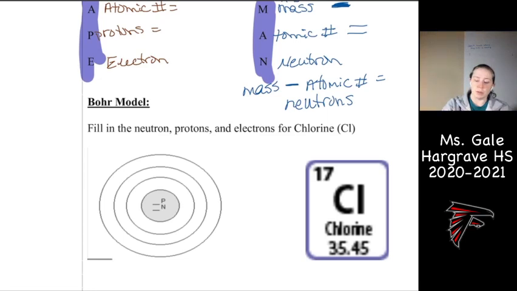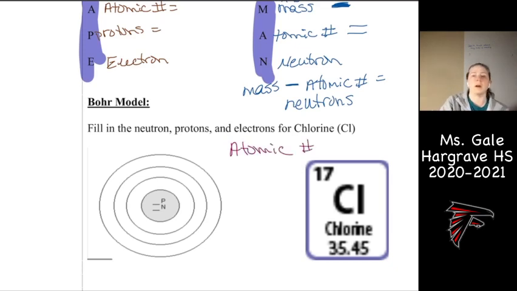I want you to tell me the protons and the neutrons, and then fill in all of your electrons. For you doing this in your notebook, you can write the tile of chlorine. Then you can write the atomic number, which will equal, what will your atomic number equal?